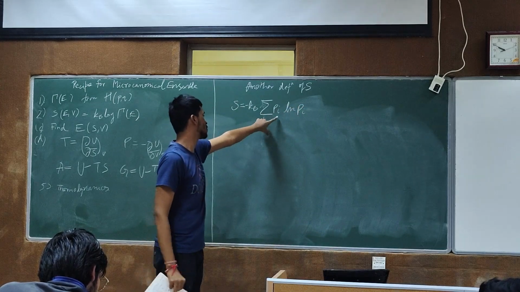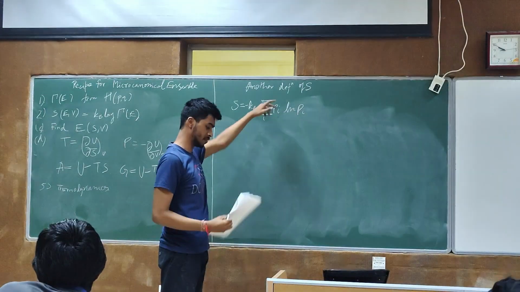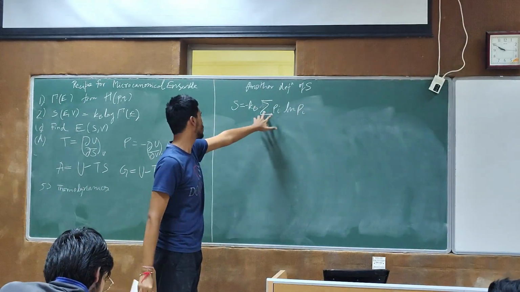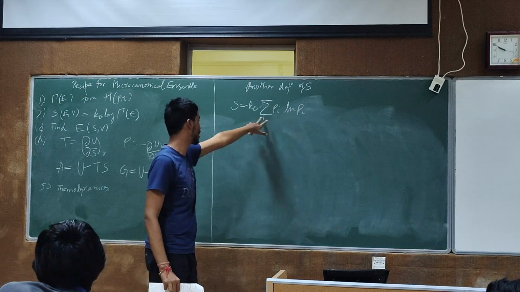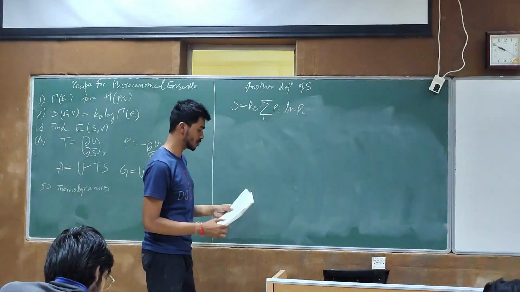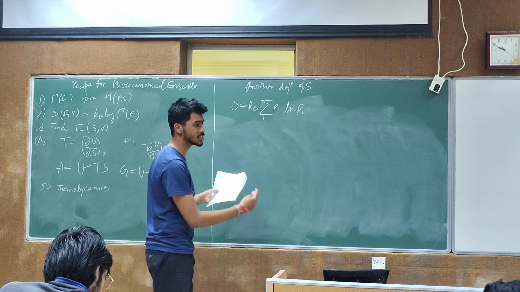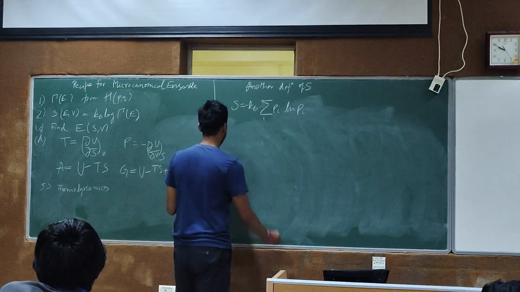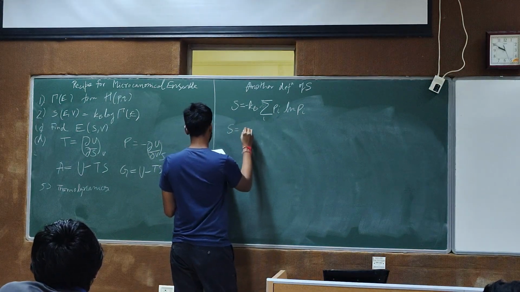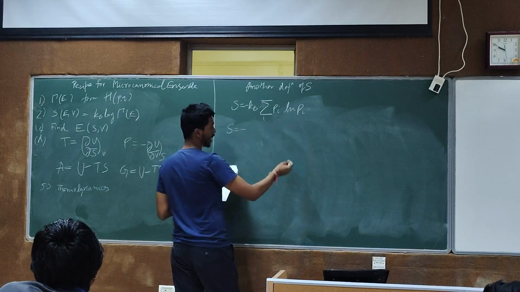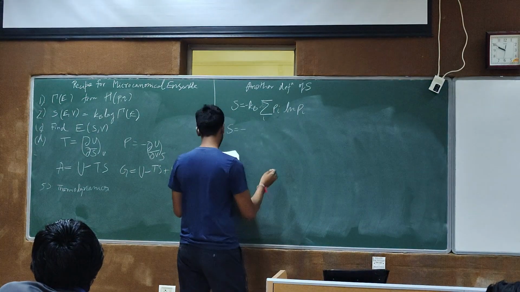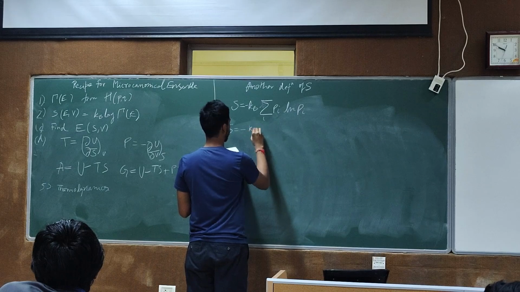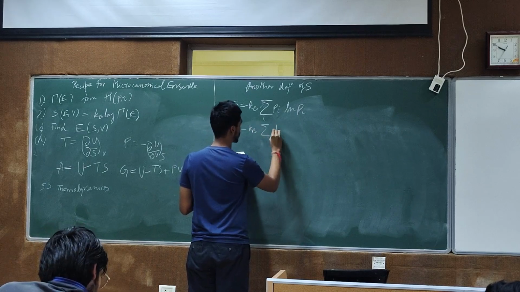This is the probability p_i of each of the various microstates, and you sum over p_i log p_i, and you get a definition of entropy. This is consistent with our microcanonical ensemble. As you can see, p_i for microcanonical is basically 1 by Gamma.